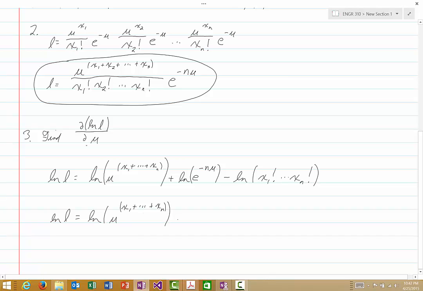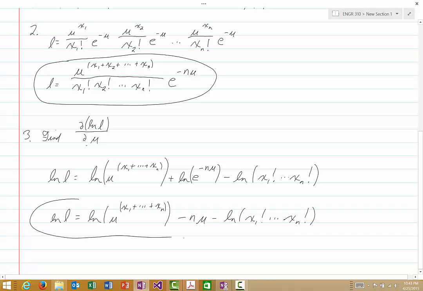But for this second one, since we're taking the natural logarithm here, and this is the natural base, then this second term just becomes minus n mu. And then the last term I'll leave as it is. So natural log of x1 factorial dot dot dot xn factorial.